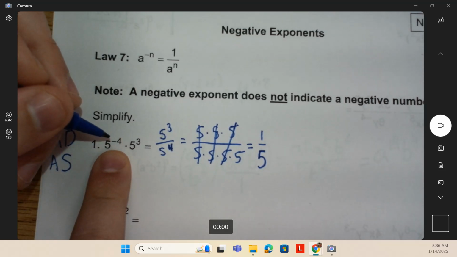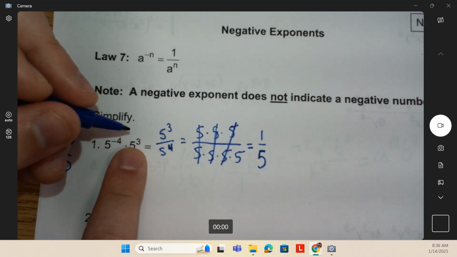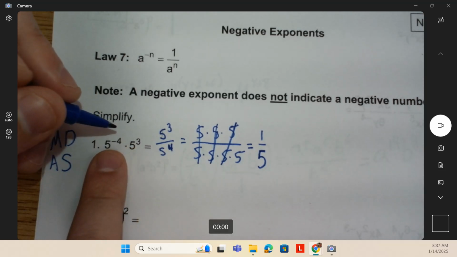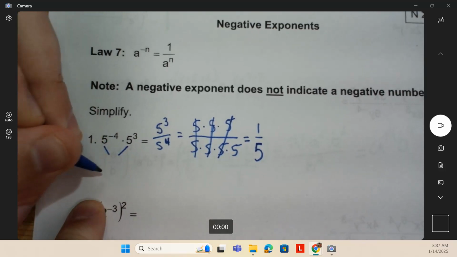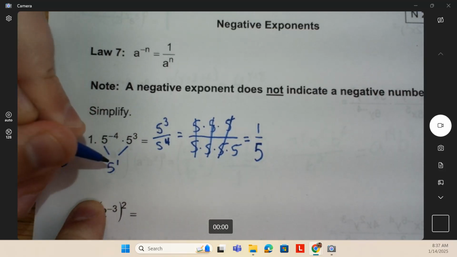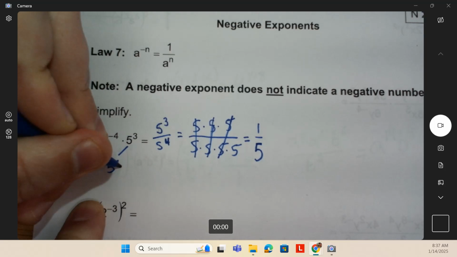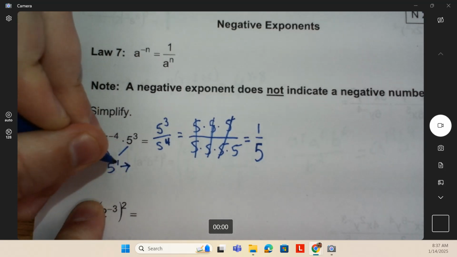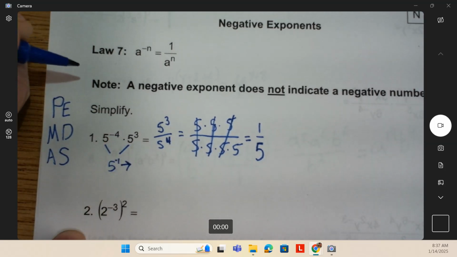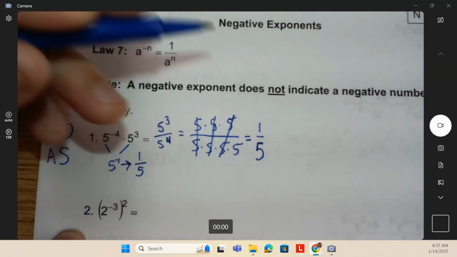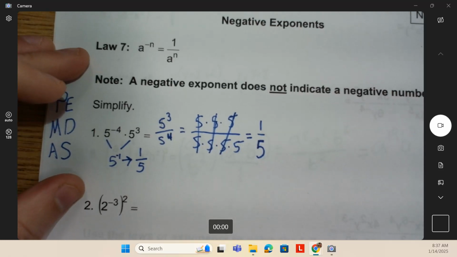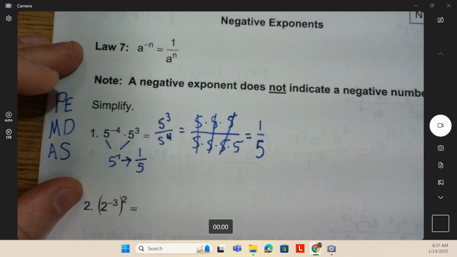And so I do negative 4 plus 3 would give me a 5 to the negative first. So if those combine, it ends up as 5 to the negative first, which turns into 1 over 5 to the first, or just 1/5. So either way of thinking about it works.